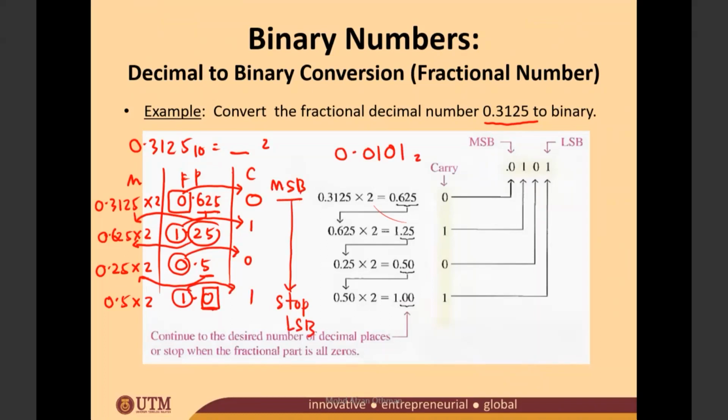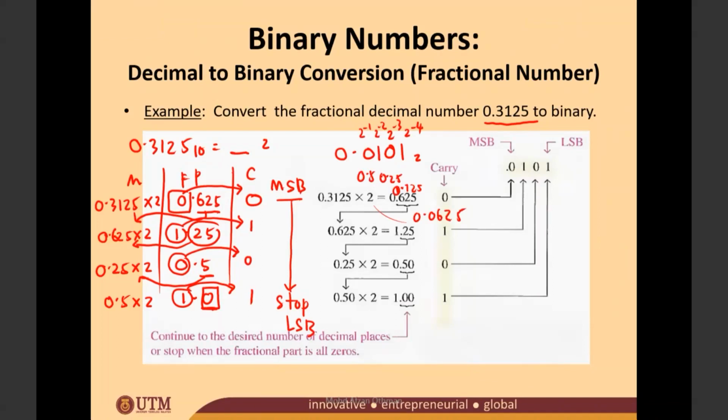Betul ke tak? Macam mana nak tahu? Kamu kena darab dengan dia punya weightage. So kita tahu yang ni 2^-1, 2^-2, 2^-3 and this is 2^-4. So 2^-1 is 0.5. So this is 0.25. After that is 0.125 and then the next is 0.0625.